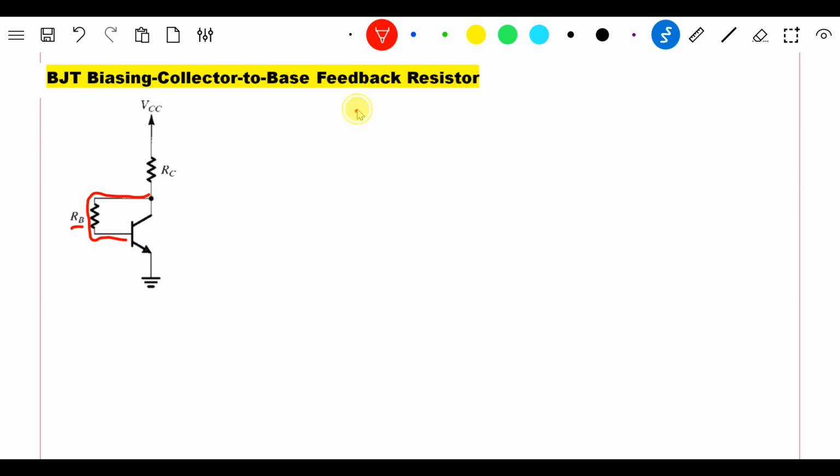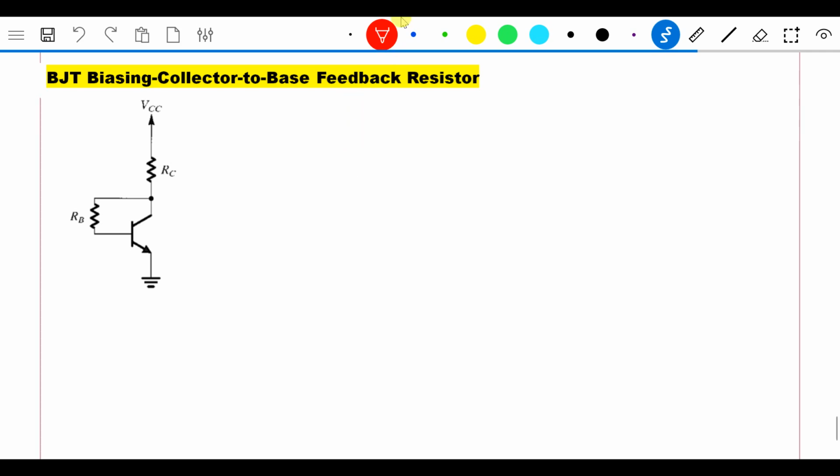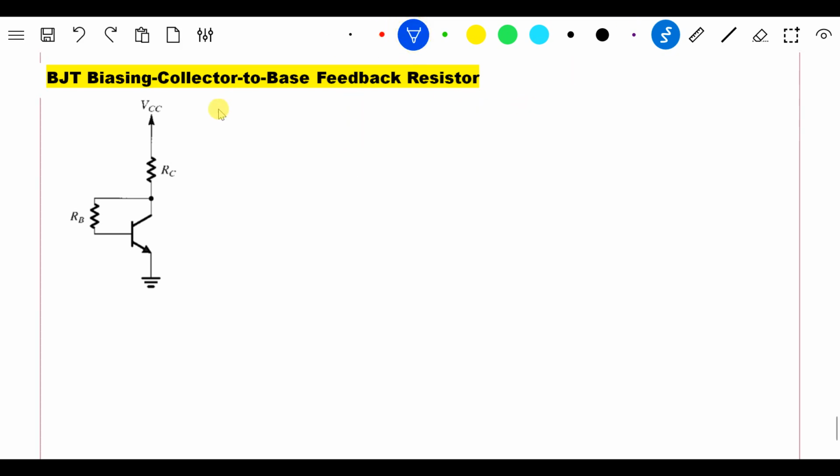Now let us write a diagram, or else I will try to mark the current directions and also the current terms in this collector to base feedback resistor diagram. If you see here, I do have a VC at this point.